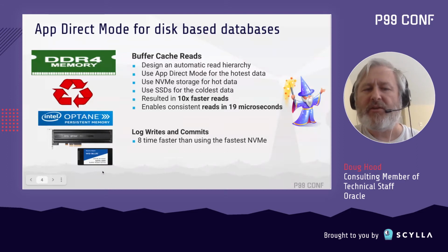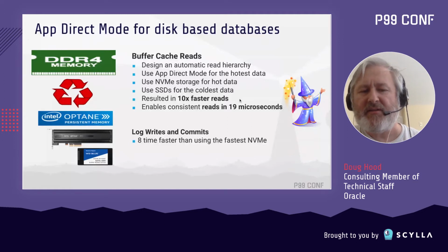So what we looked at doing was having an automatic memory hierarchy from the slowest to the fastest to see how that could benefit buffer cache reads. We used app direct mode, so we had to explicitly design this automatic memory hierarchy.